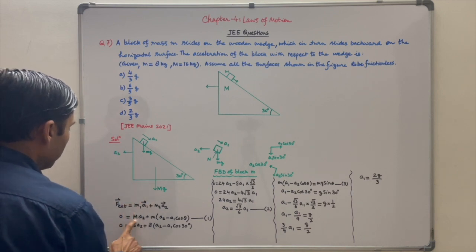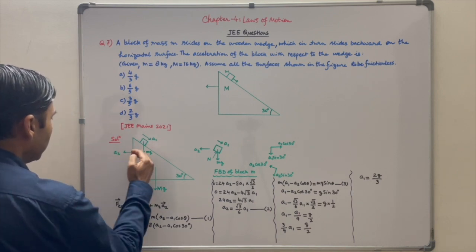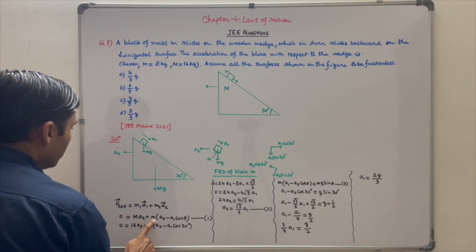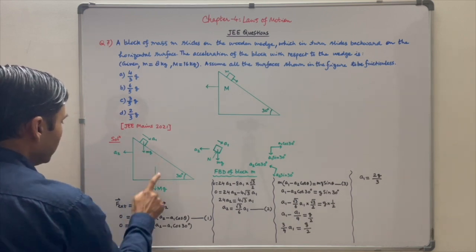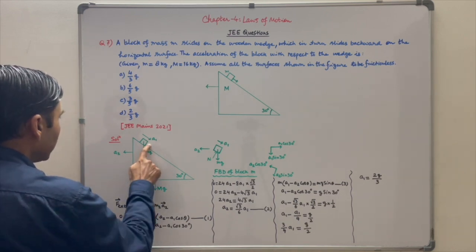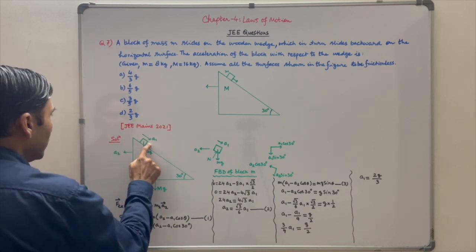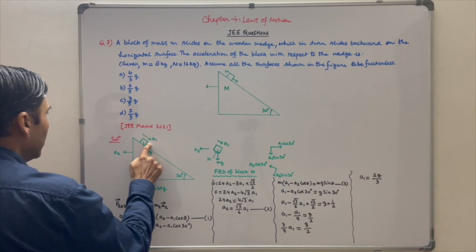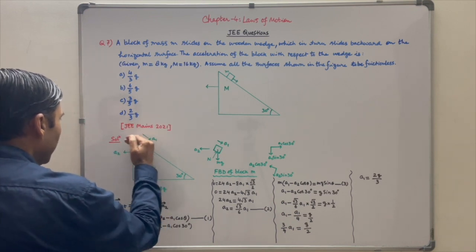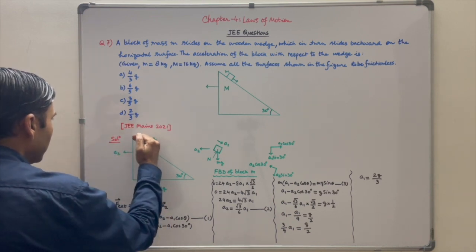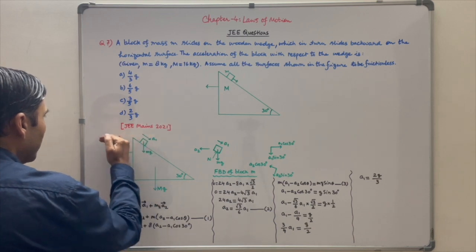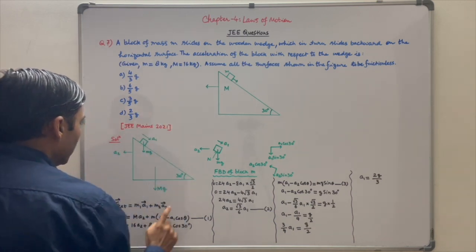Its mass is capital M and its acceleration is a2. Second object is this block. Its mass is small m. And net acceleration on this block along this direction will be, actually there are two accelerations working on this, a1 and another a2. So net acceleration in this direction will be a2 minus a1 cos theta.